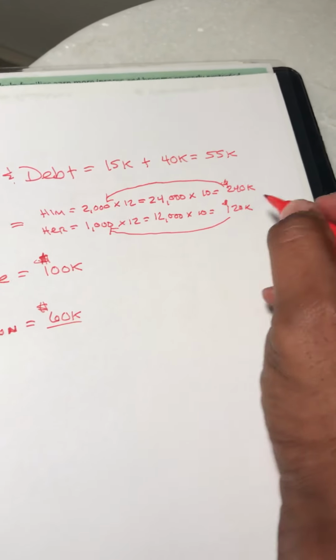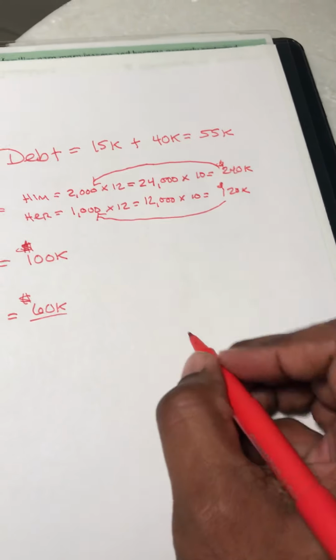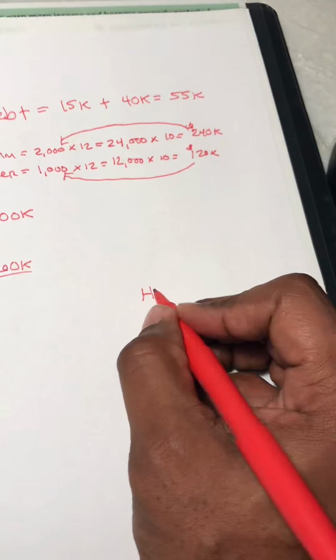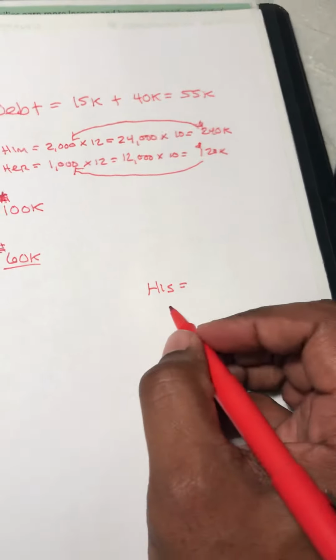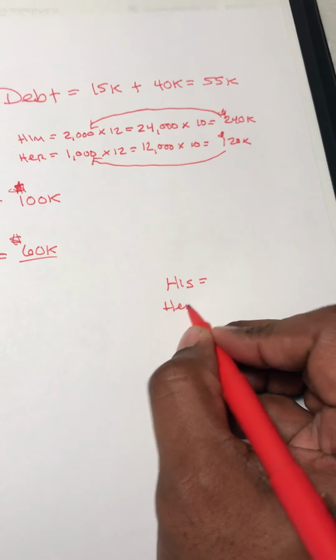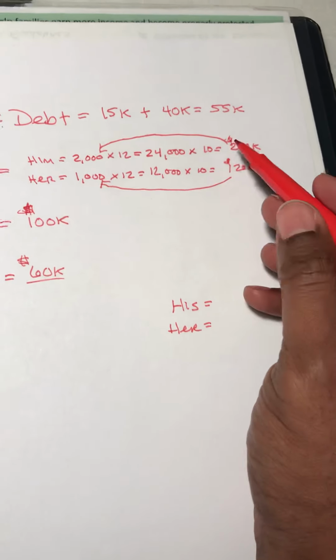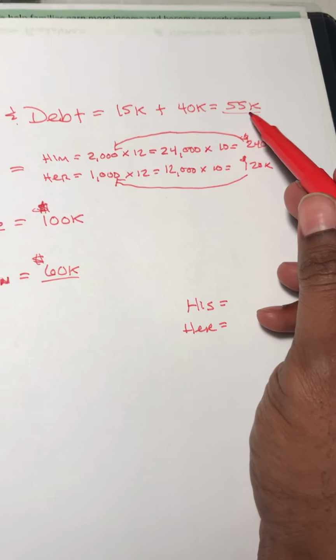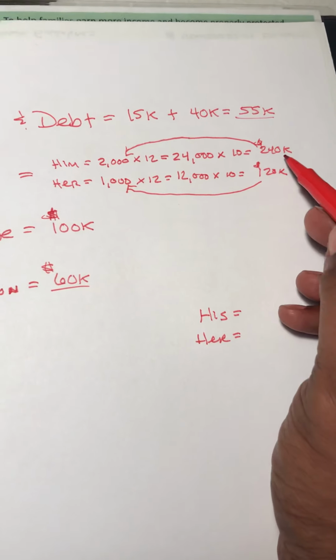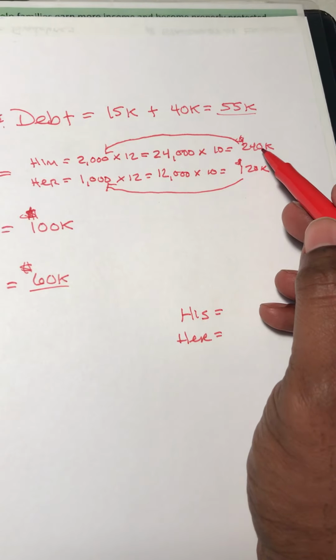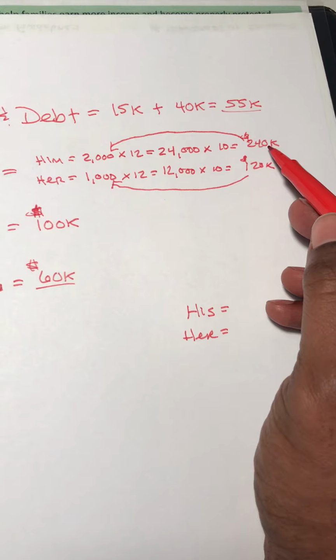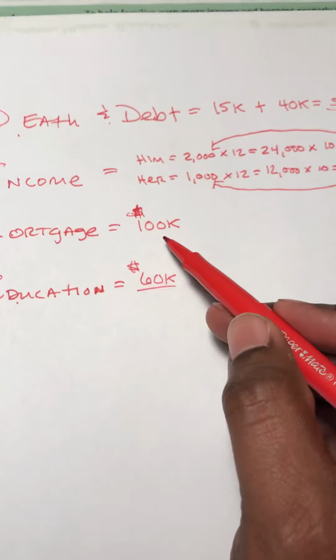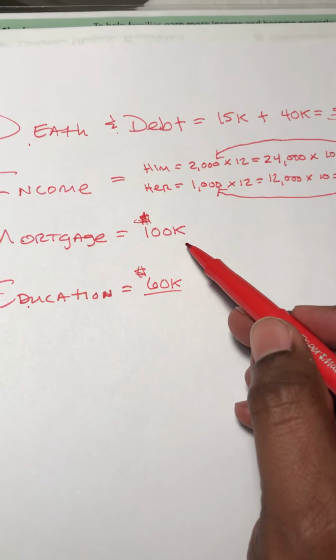Okay, and all you do now to find out his life insurance need, and hers, is you just add up the columns. Okay, so you got 55,000 in total death and debt, plus his 240,000. Okay, so that's 295,000, plus the mortgage is 395,000.